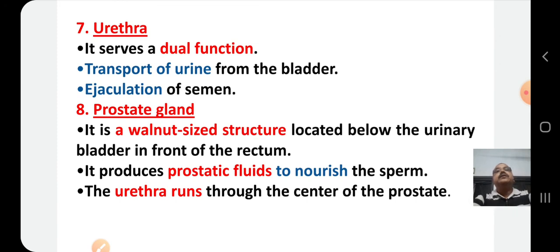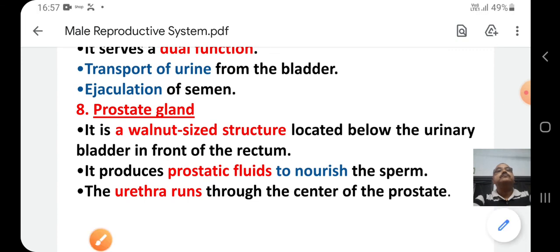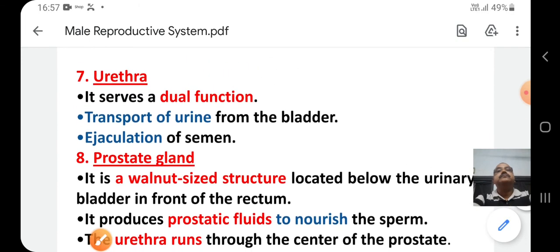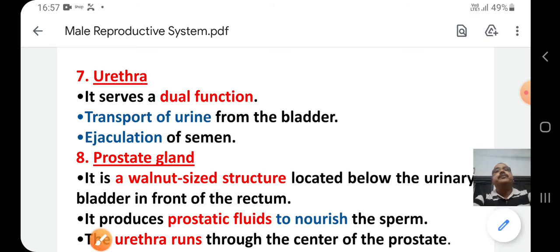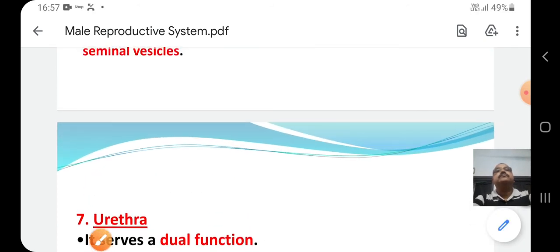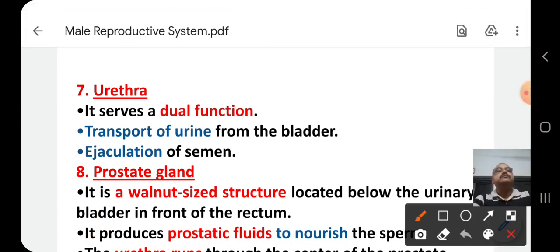The ejaculatory duct leads to the urethra or urinary passage. It performs a dual function, that is, transport of urine and ejaculation of semen.